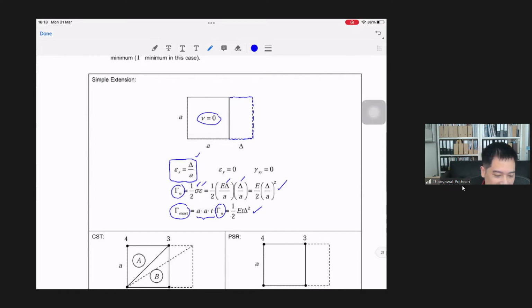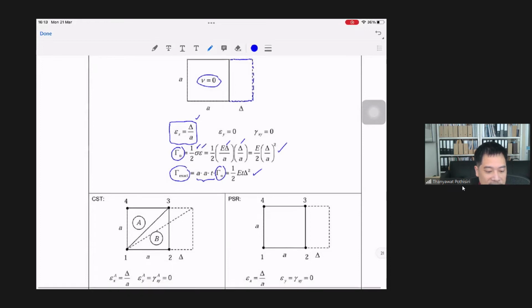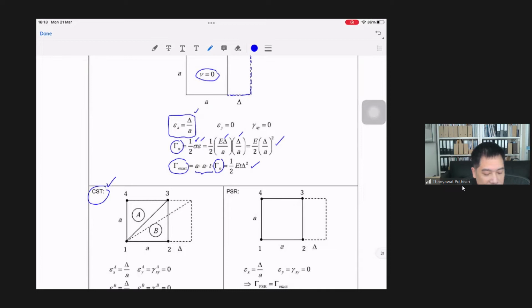Now we're going to try to model this simple extension by using CST elements and PSI elements. In the first case, we use two CST elements like this, and in the second case, we use one PSI element. After we use these elements in the model, we compute the strain energy based on this model.